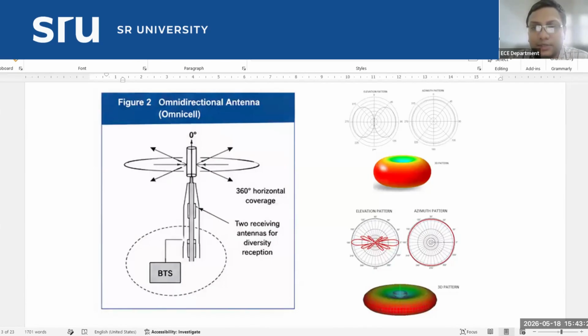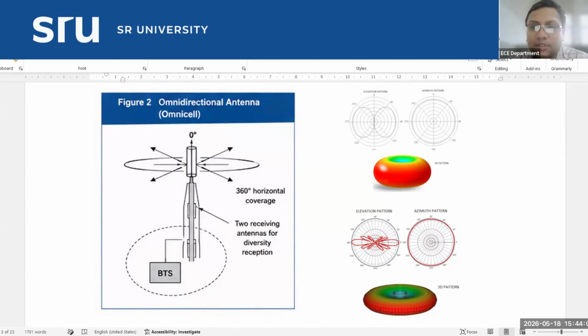In the first place, if you see the elevation pattern cross section, there is a figure of 8 type lobe. The beam width is not that narrow. So majorly it covers the horizontal area, but it covers some area at an elevation of 45-degree angle from the ground as well. So it covers that area as well.